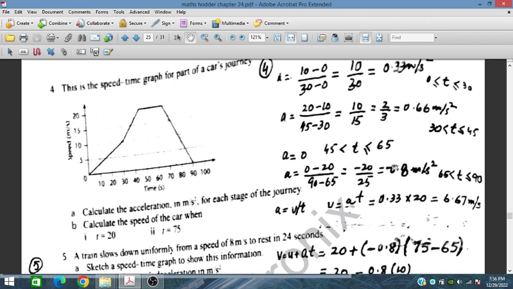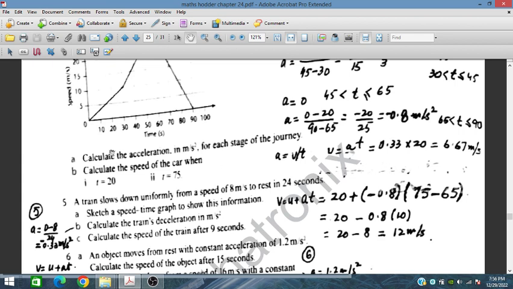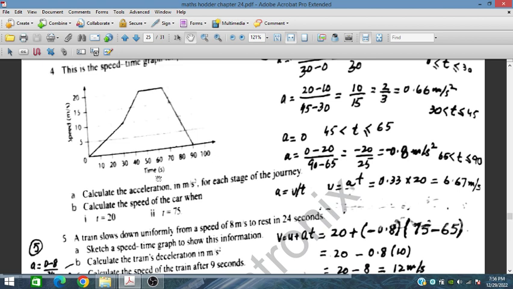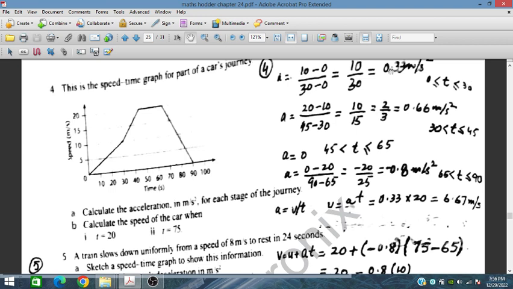And similarly for this B part, we have a is equal to v upon t. Calculate the speed of the car when t is equal to 20. When t is equal to 20, it was within this duration, so that is again acceleration 0.33, and the speed was 6.67.